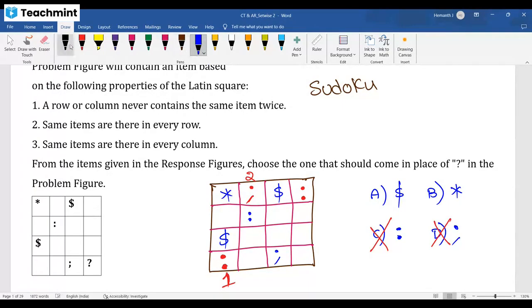Third slot I'm filling is this slot. It cannot be dollar, it cannot be colon, it cannot be this semicolon. So this should be star. That must be star. Okay. And this will be colon. That's no use for us. Just need to minimize the steps. I'm worrying about that. Getting the answer by filling everything is not the point.